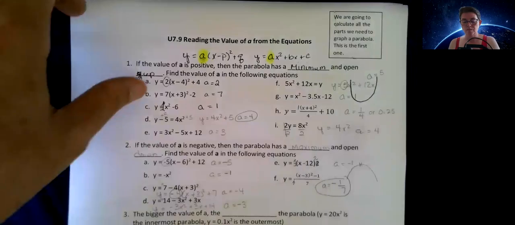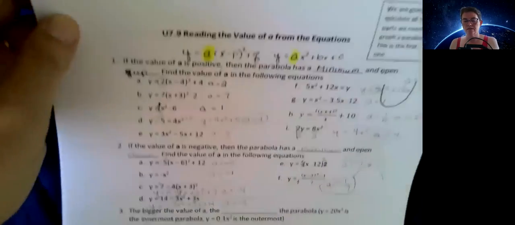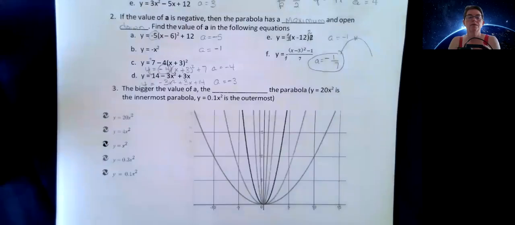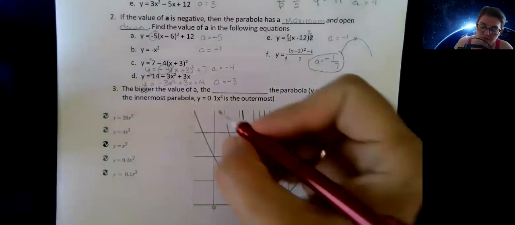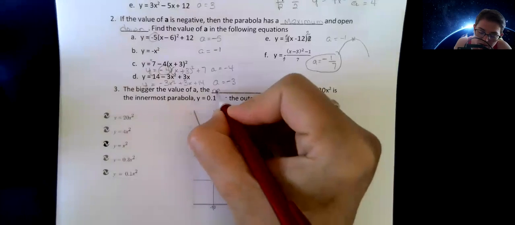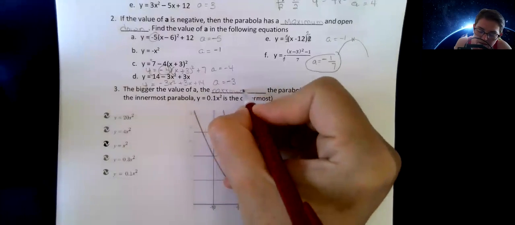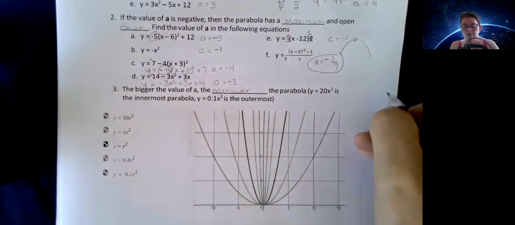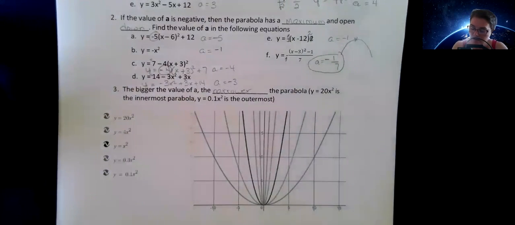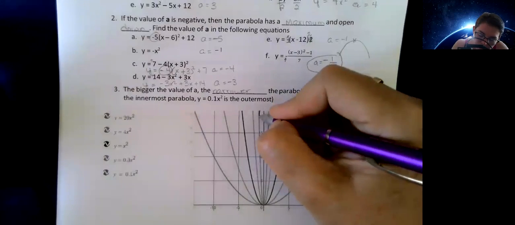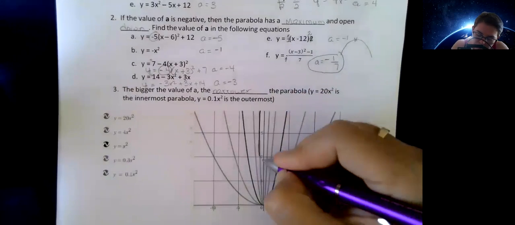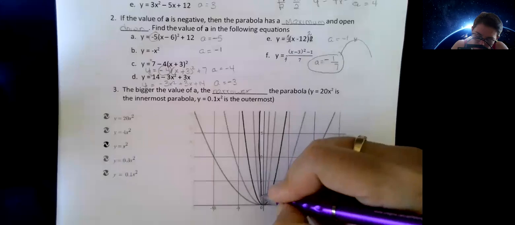All right, let's take a look at the bottom part of this. The bigger the value of A, the, what's the word we've been using? I've been using narrower. The parabola is narrower. So for this one, it's a very, very narrow inside parabola.